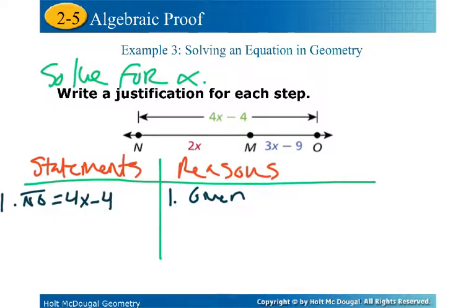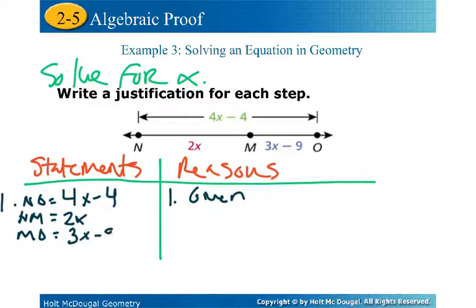And actually, I don't want to say segment with the line above it, because I am talking about the length of it. So NO, that's an interesting segment, is 4x minus 4. I'm also going to be able to say that NM is 2x, and also that MO is 3x minus 9.